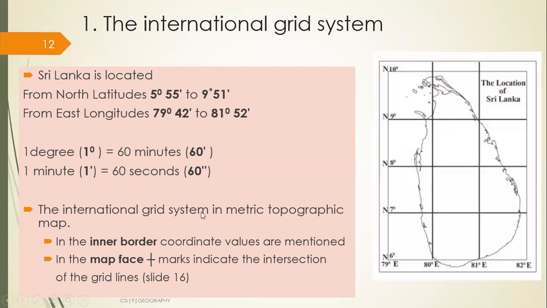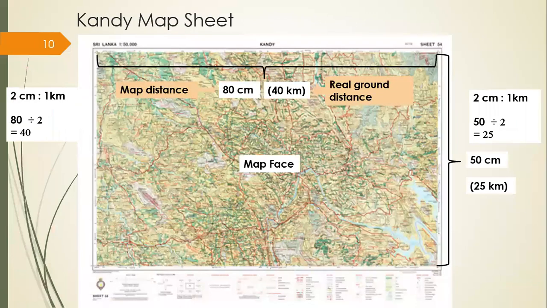In international grid system in metric topographic map, in the inner border coordinate values are mentioned. In the inner border, can you remember what is inner border? In the map, here, this is the inner border. You can find the values of international grid system in the inner border.